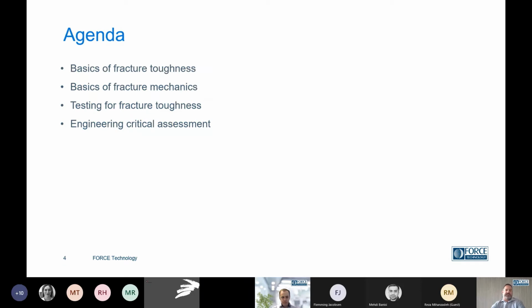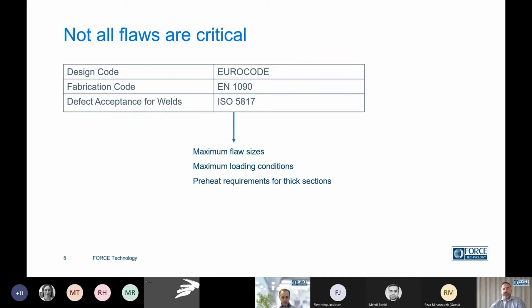Right, so the agenda is basics. The basics of fracture mechanics, basics of fracture toughness, how do we test for fracture toughness, and also I'll just introduce this engineering critical assessment. Now, before we build something, we need to go through paperwork, and I'm sure most of you probably already know this.